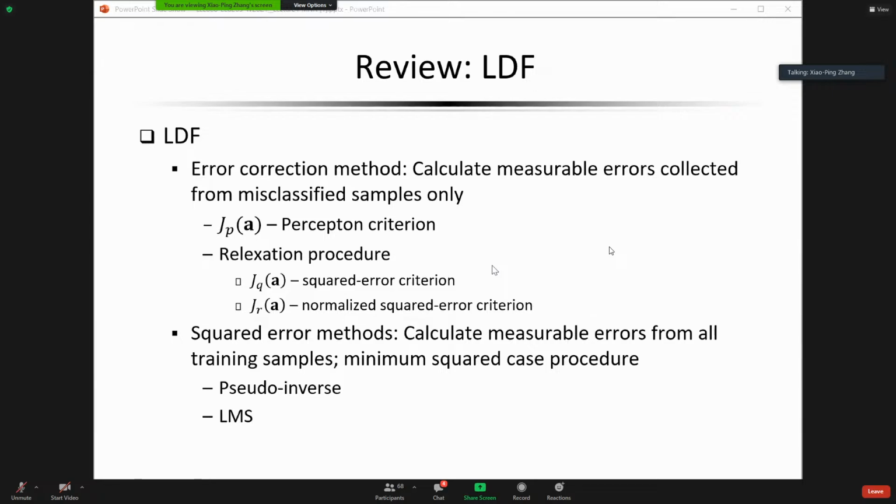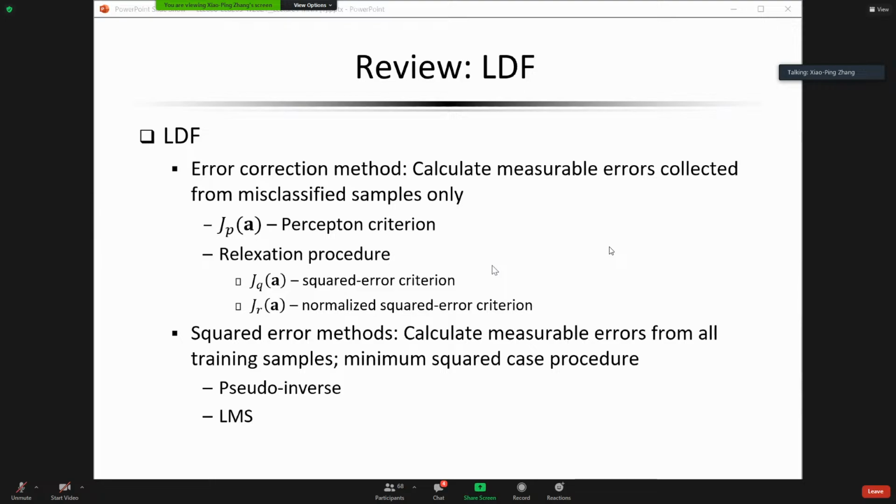For the mean square error, we have the least mean square error method, the LMS method. The LMS method is basically the foundation of today's AI machine learning.